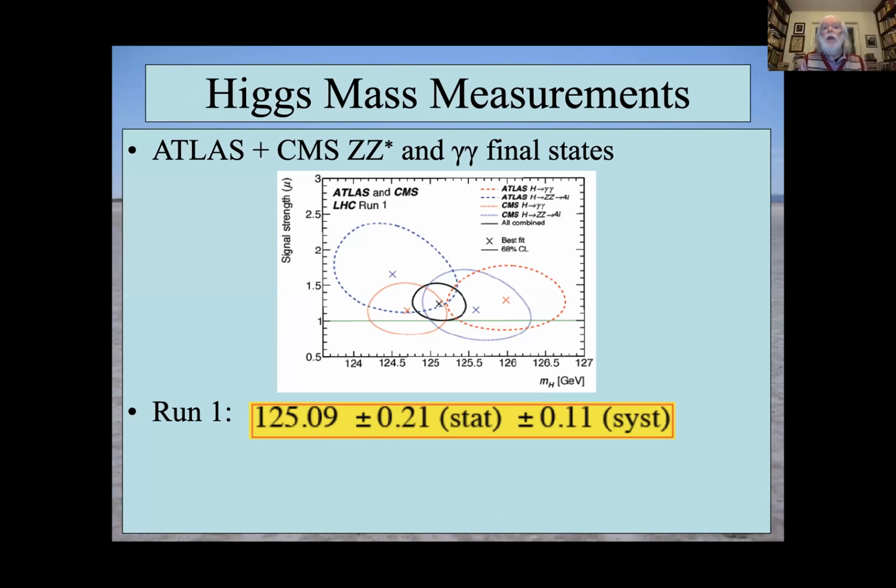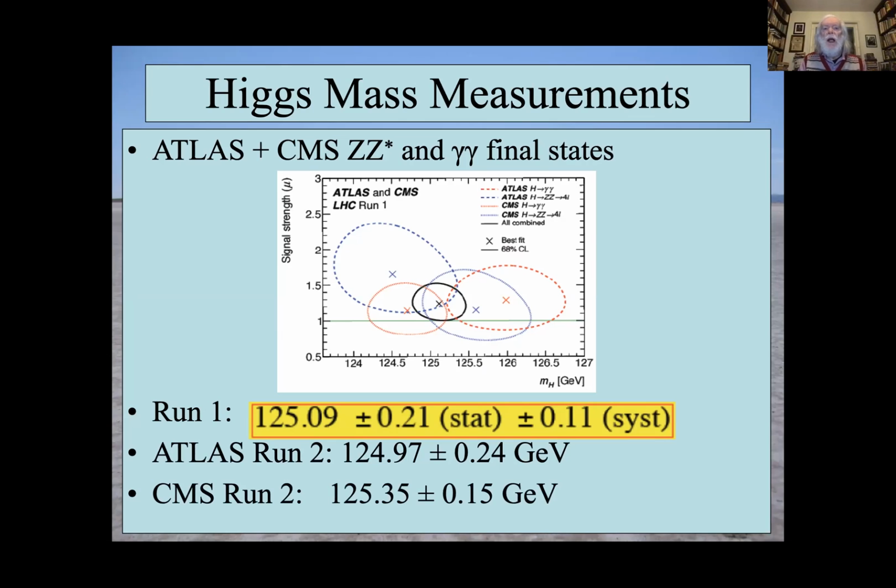Its mass has been measured quite precisely by the ATLAS and CMS experiments. Already in run one of the LHC, there was a measurement at the precision of 2 per mil. Subsequently, measurements at run 2 of the LHC by ATLAS and CMS have further improved the precision, and overall, the Higgs boson mass is now known with an accuracy of about 0.1%.